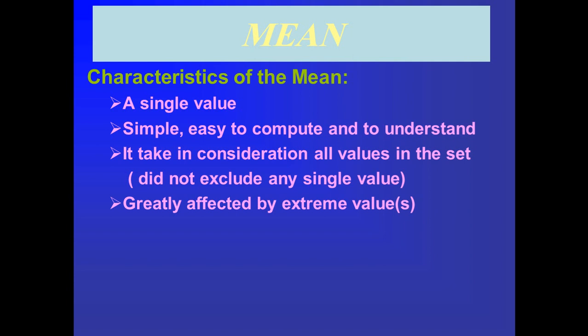If one of these numbers was not a small one, suppose it is 100, and when we add the numbers 3, 7, 4, and then add a high number like 100, the mean will be affected by the extreme value. It will be increased too. That's why we said it is greatly affected by the extreme values.